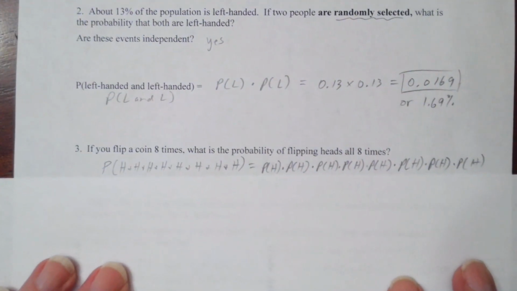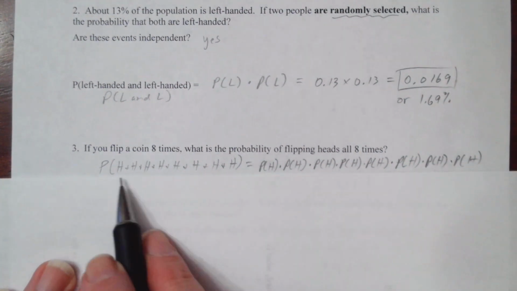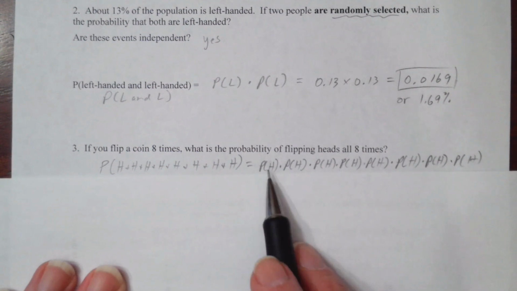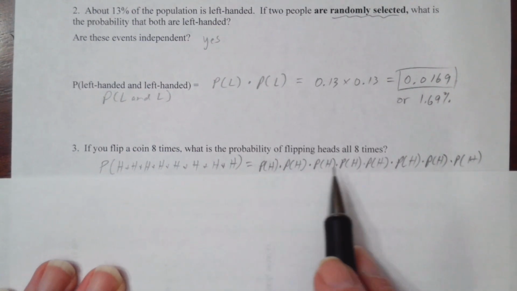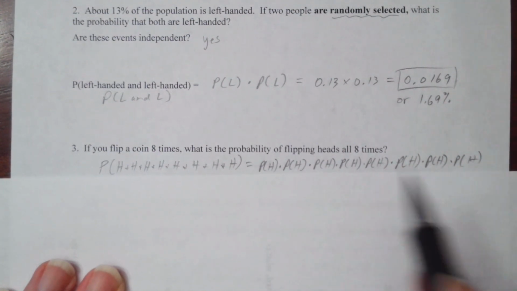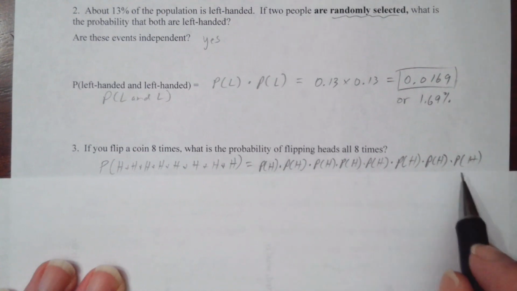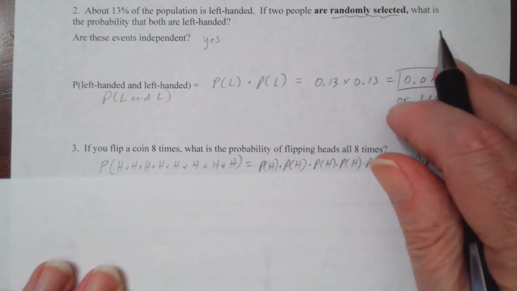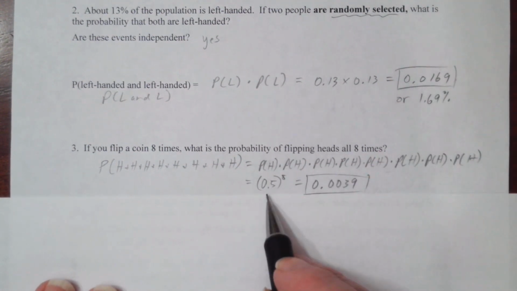So we said it could be more than 2 events. In fact, it's H and H and H, a bunch of 8 H's. So it's equal to the 8 probabilities here. Did I count 8? I think I did. All of these probabilities of H multiplied. Well, basically, we don't normally write it out like this. We would just write the probability is going to be 0.5 because 5/10 is the probability of getting heads.